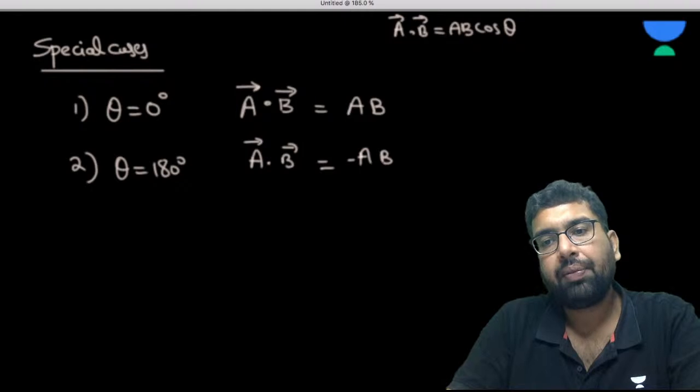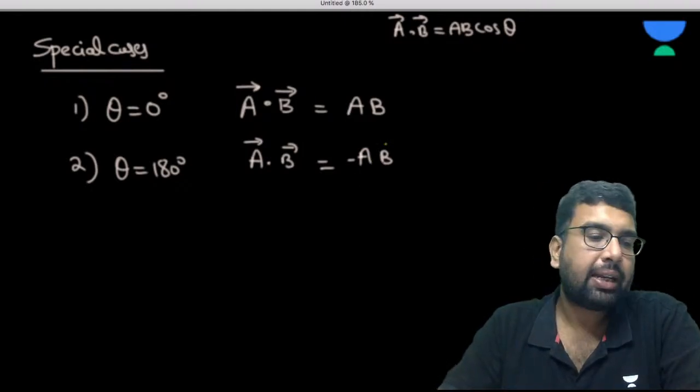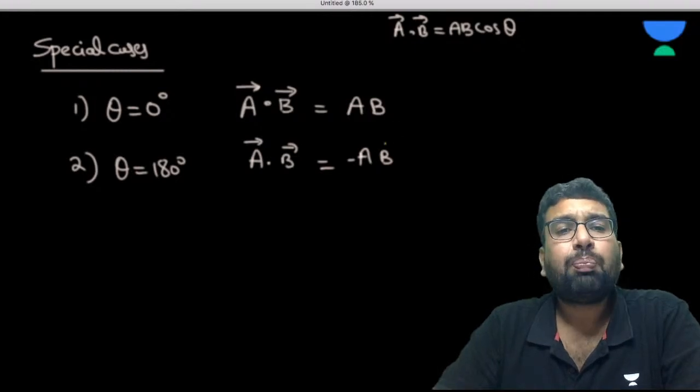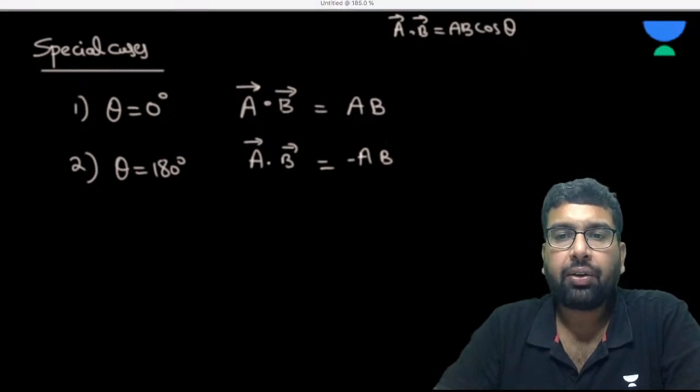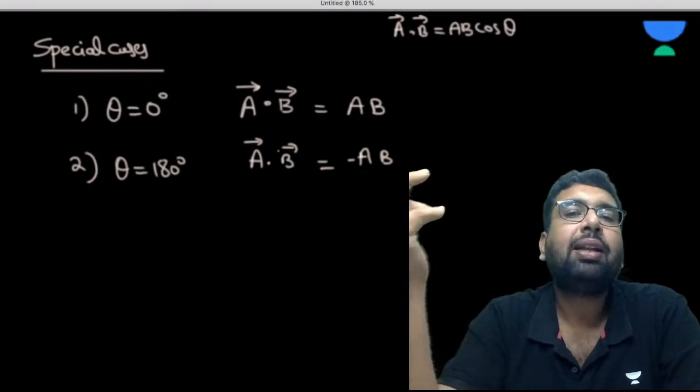Now please understand this one thing. What is the maximum value of cos theta? We know that it is plus 1 and minus 1.